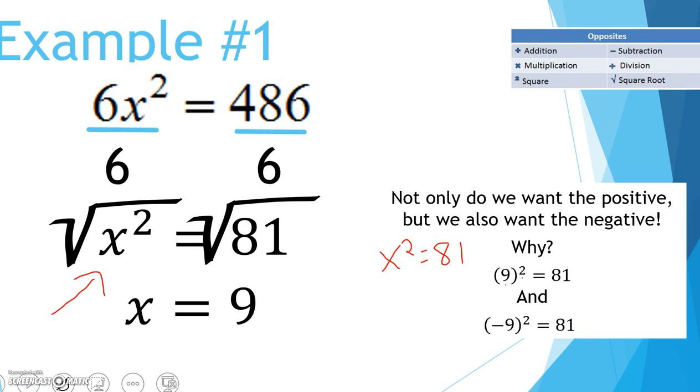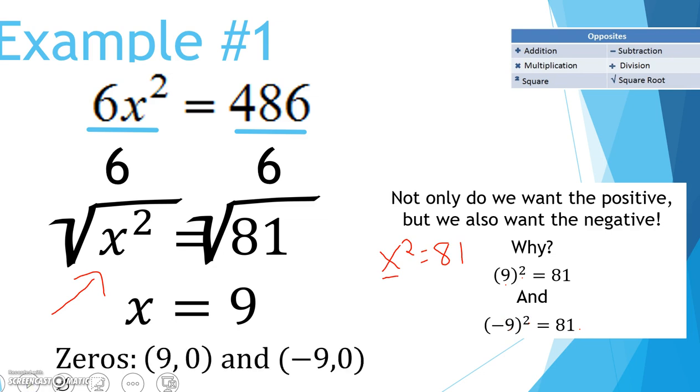And then if we take a negative 9 and we put it in for x, negative 9 squared is also 81. So we have two different answers here that we can use, the positive 9 and the negative 9. So when we write our zeros, we're going to have 9, 0 and negative 9, 0. So be sure, even though your calculator will only give you the positive, you need to write both the positive and the negative for your answer.